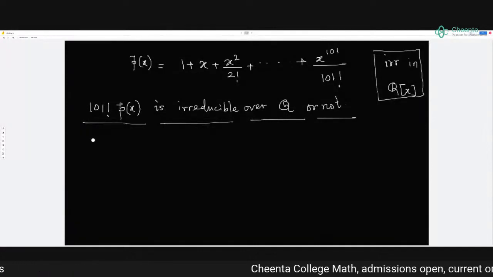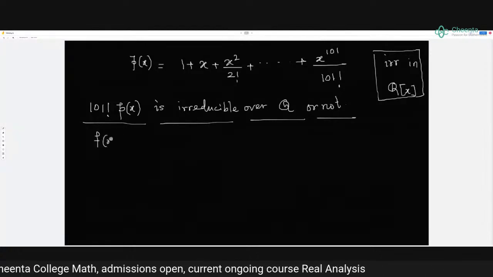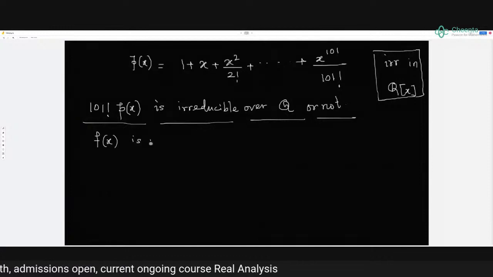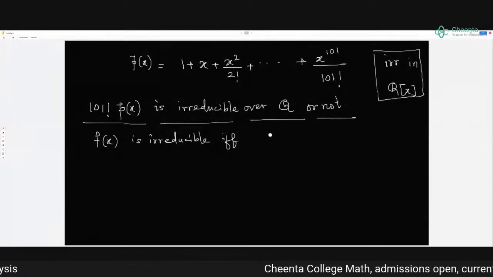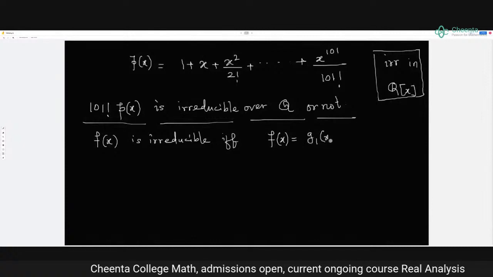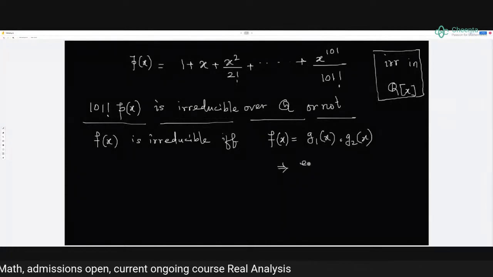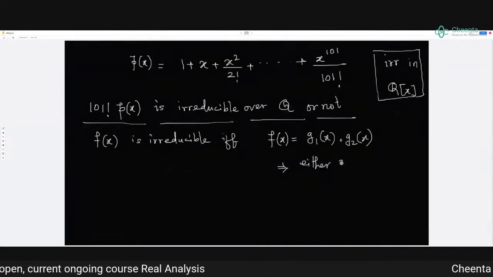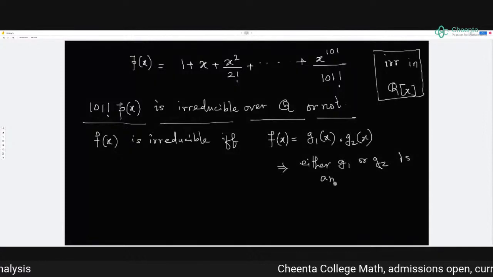So what is an irreducible polynomial? An irreducible polynomial f(x) is irreducible if and only if f(x) equals some g1(x) times g2(x) implies either g1 or g2 is a unit.